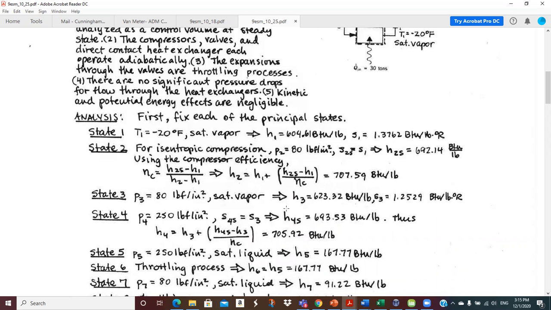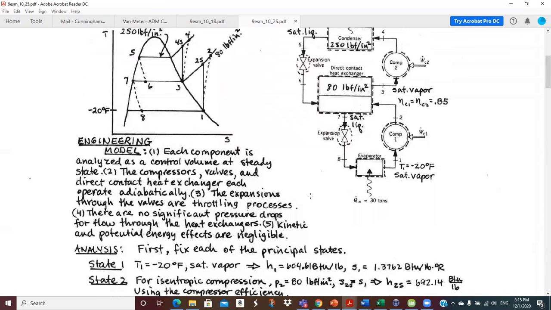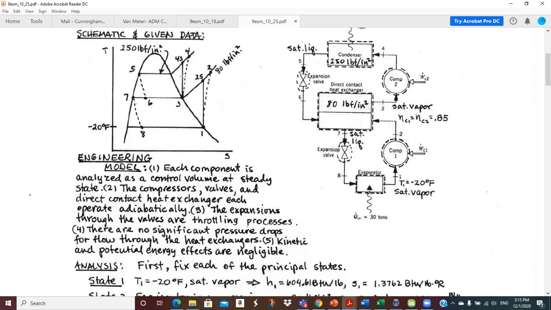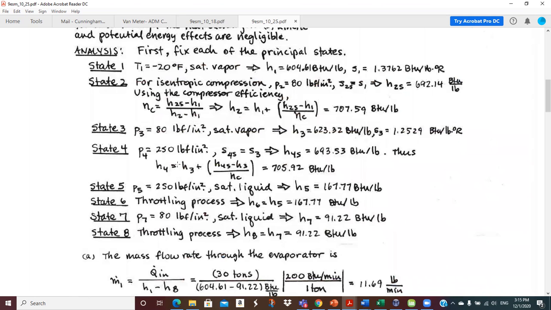We go through the same process. We go straight up from 3 to 4s. So here we know the entropy at 4s is the entropy at 3. We know the pressure. So we're back interpolating in the tables to find H4s.